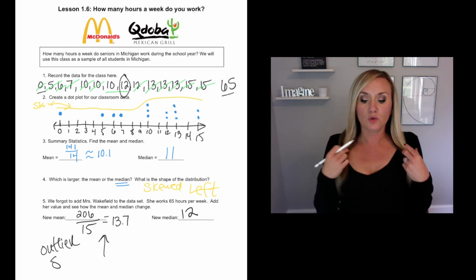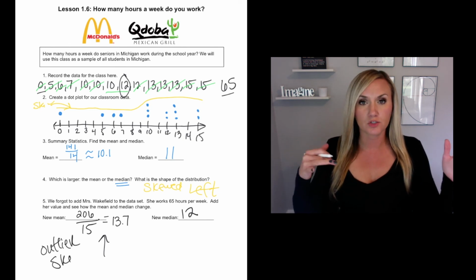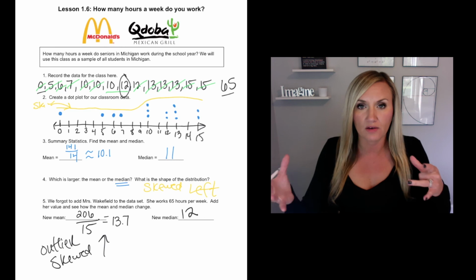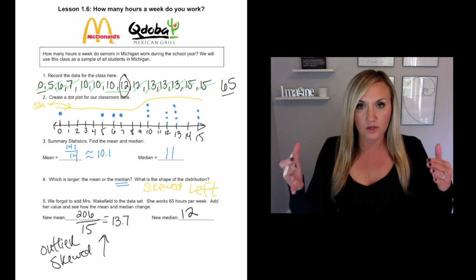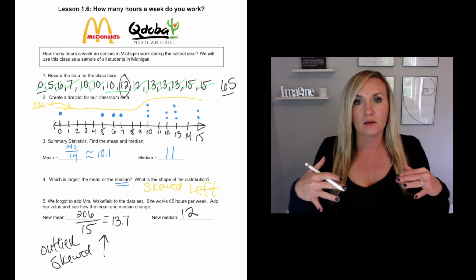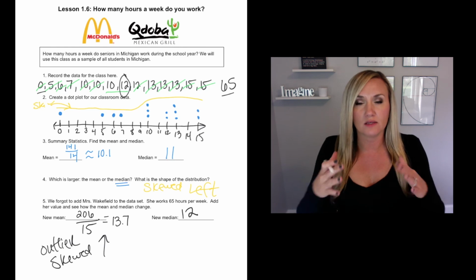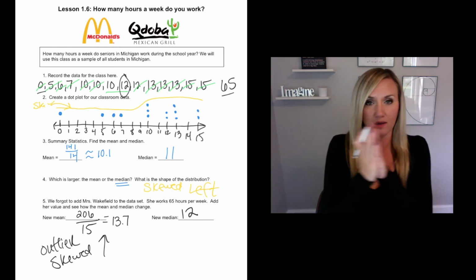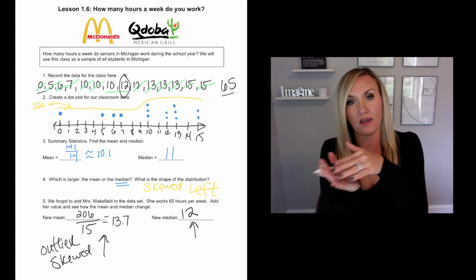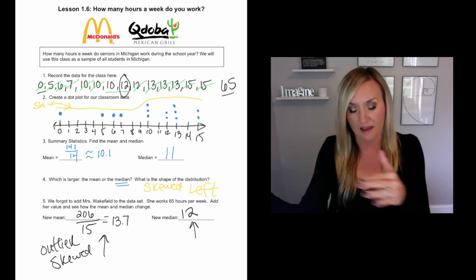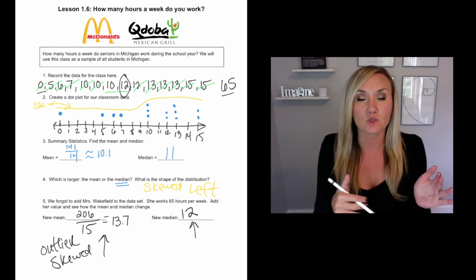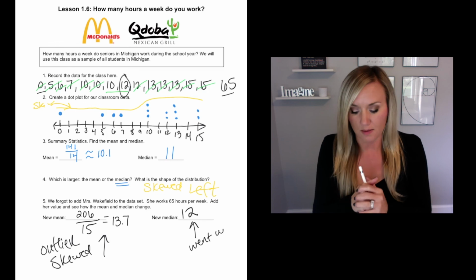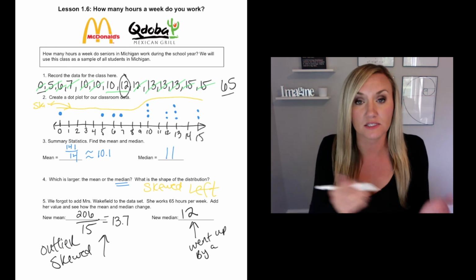So when you have a skewed situation or where you have an outlier, the mean really is shifting quite a bit. And so that's why we would want to look at the median instead of the mean.